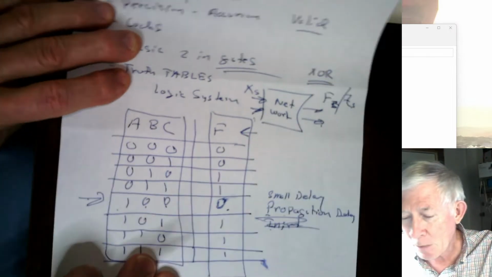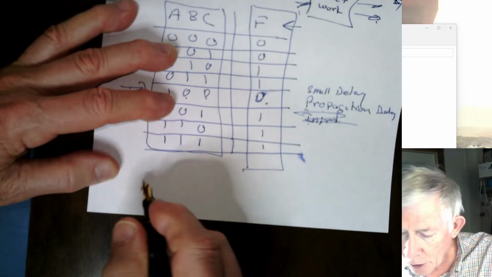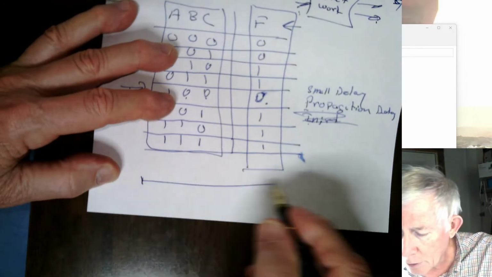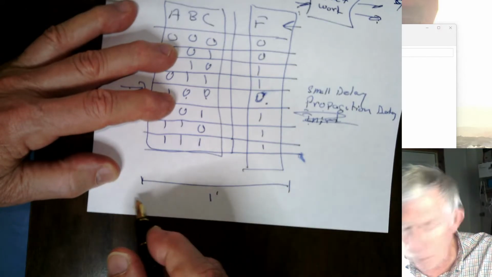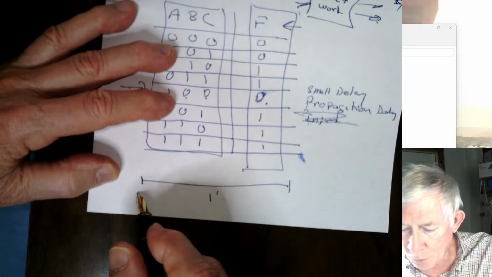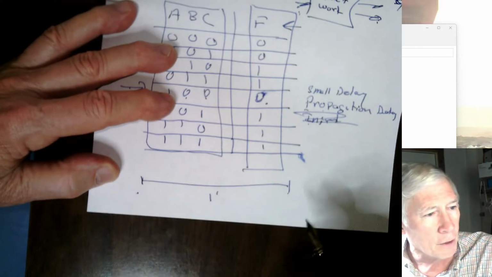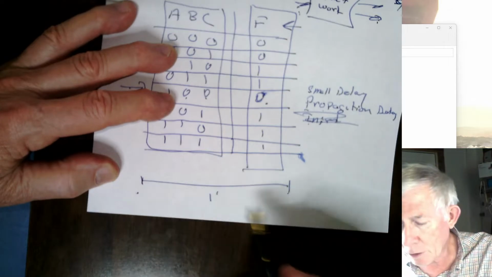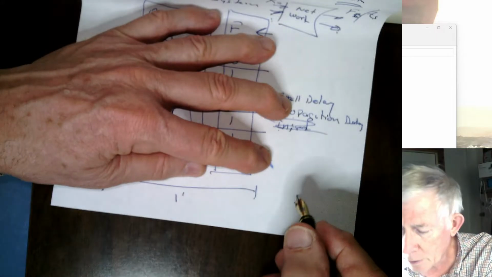An example of that is, if you have a wire that's say 1 foot long, about how long does it take for an electrical signal to go from one end of the wire to the other end of the wire, traveling at the speed of light, roughly? A rough estimate is it's about 1 nanosecond.